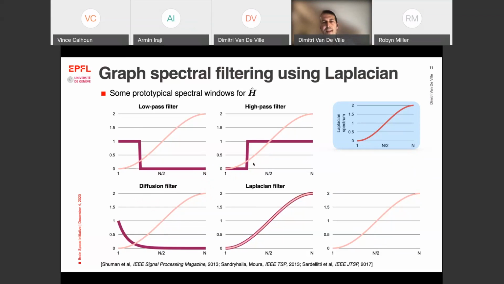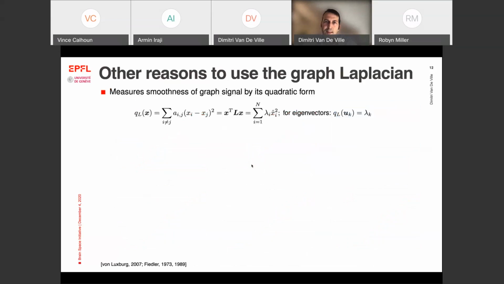Or you can implement the Laplacian filter itself in the spectral domain by just using the eigenvalues of the Laplacian as filter weights. Or you can make a combination and maybe combine the Laplacian filter with the low-pass filter to have a smoothed Laplacian filter. And there are infinite possibilities that can be used.